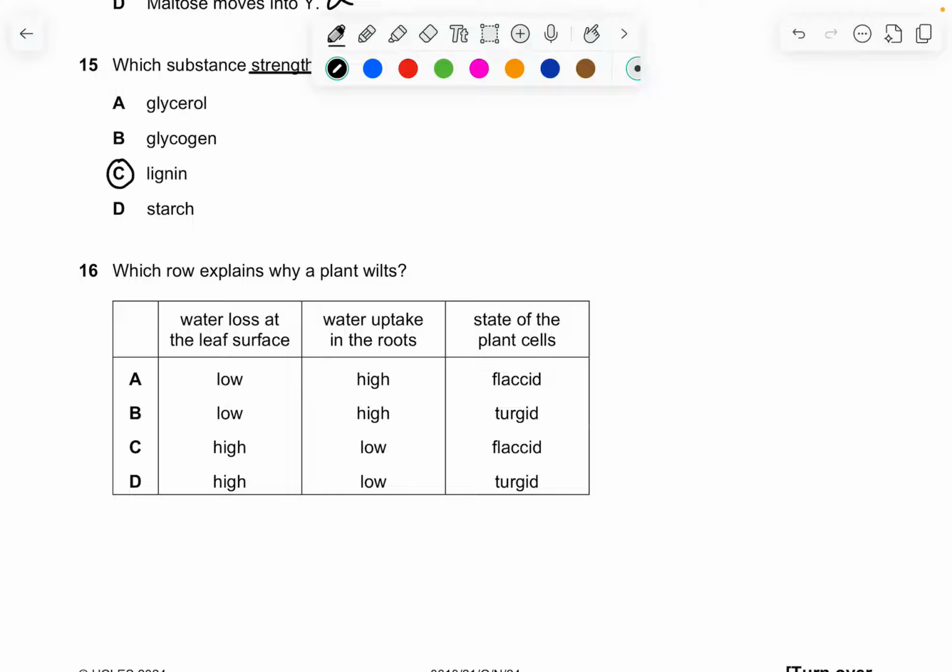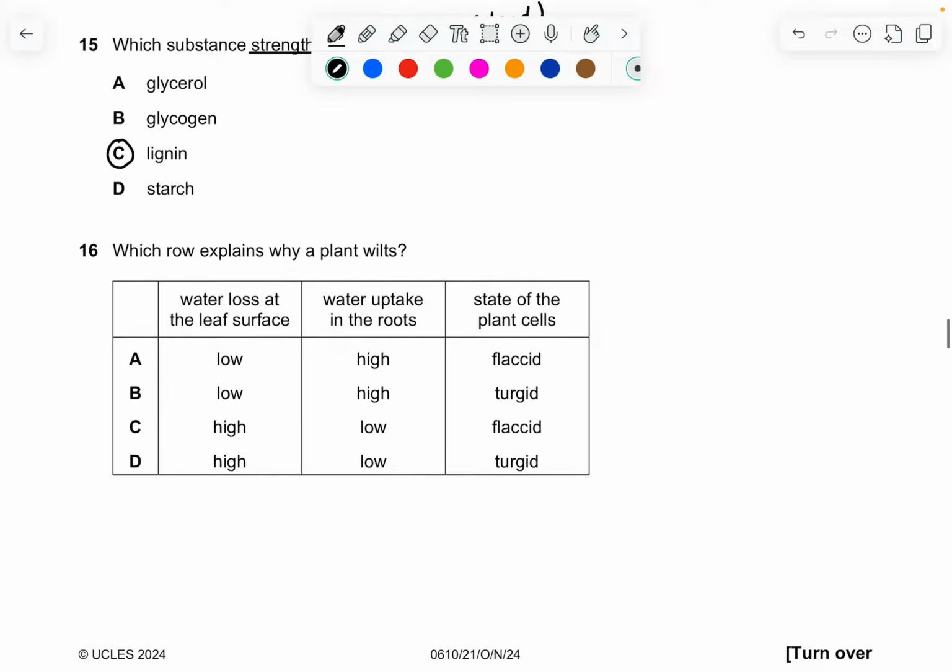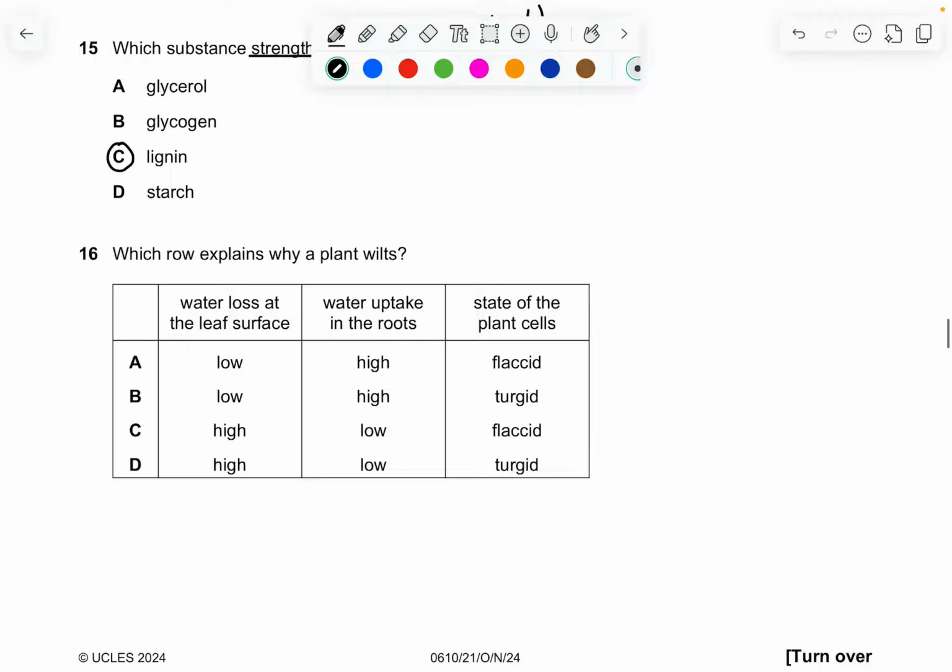Question 16. Which rule explains why a plant wilts? Okay, why a plant will wilt. First of all, if you do not know where to start, start with the state of the plant cells. When they are losing water, water is moving out, so they will definitely become flaccid. So turgid is wrong. We eliminate B and D already.